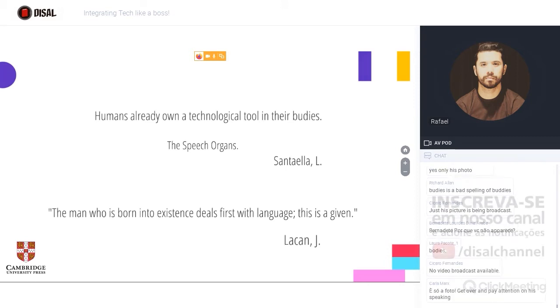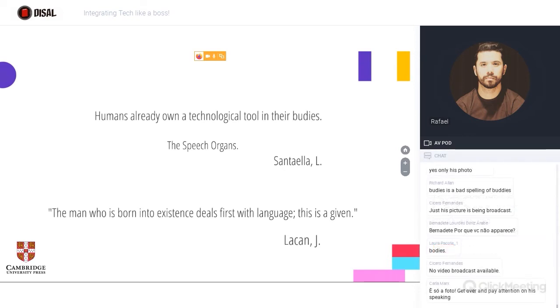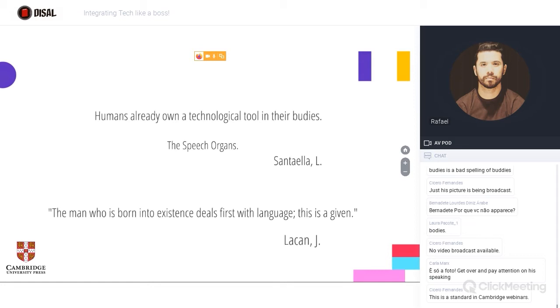And that is super important because language is understood here as a symbolic order that structures the individual. As I quote Lacan here, the man who was born into existence does so first with the language. That is super important, and it supports her idea.